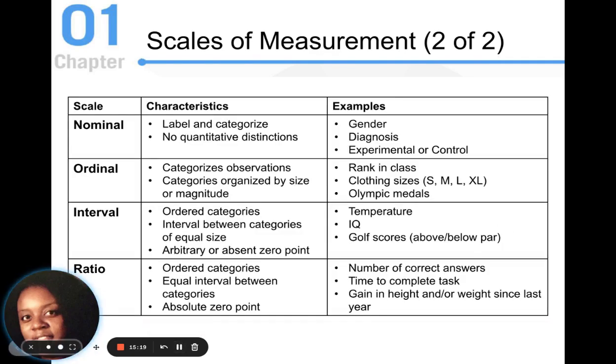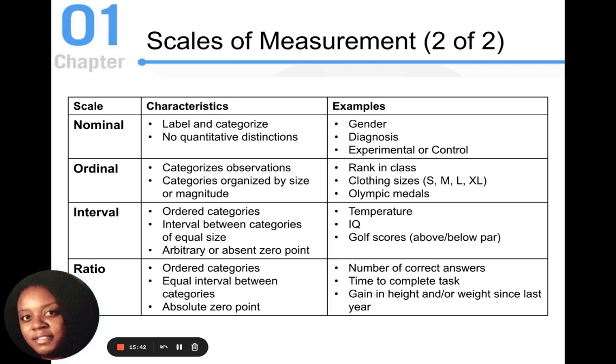And you might remember from your math class that when it comes to scales of measurement, we have nominal, ordinal, interval, and ratio scales. Those nominal scales are going to be those labels like gender, diagnoses, experimental or control group.